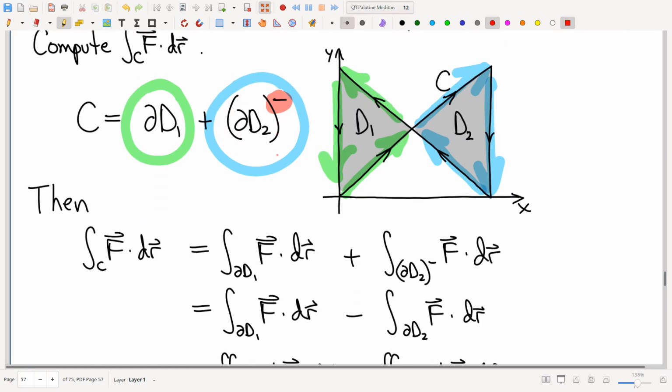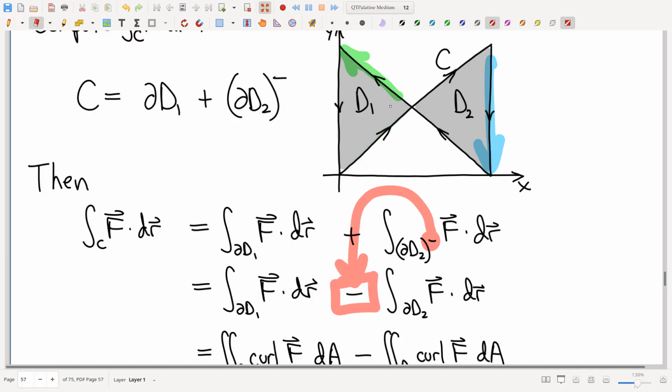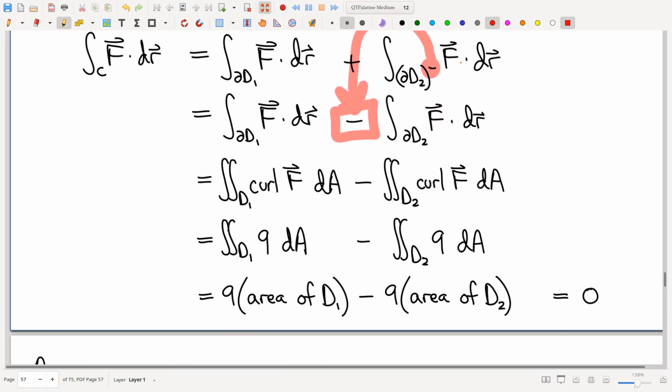All right. So, cool. The minus sign here, of course, we can factor out of the integral. That's how you deal with opposite orientations. It gives you an extra minus sign. Now we're looking at a couple of line integrals.